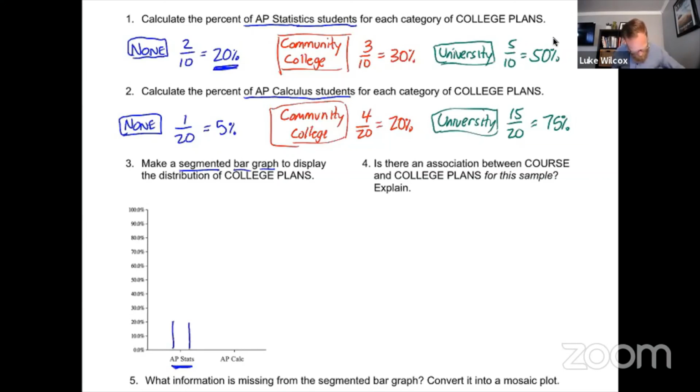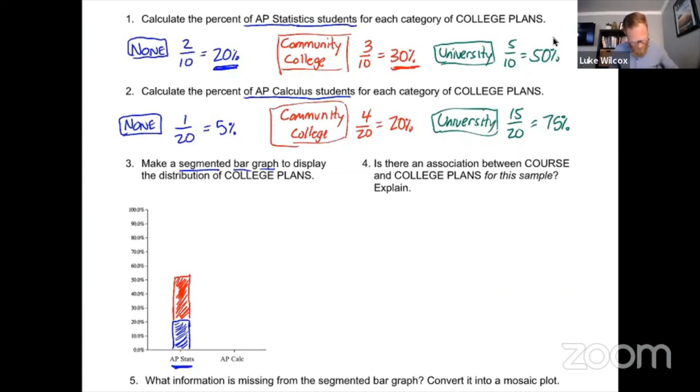And I'm going to try and go up as close as I can to about 20%. And I'm trying to stay consistent with my colors here. We have blue to represent none. And then for community college, we have 30%. So I need to stack 30% on top of 20%, which should take me up to 50%. Those are the students that are planning to go to community college.